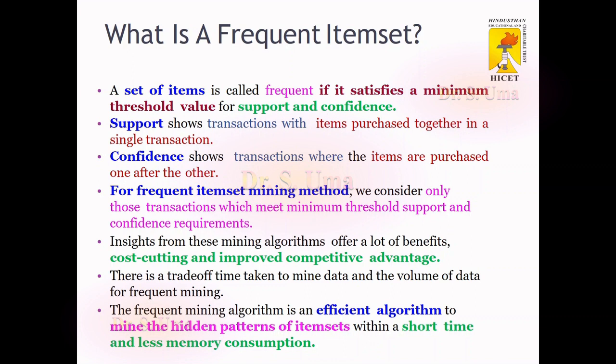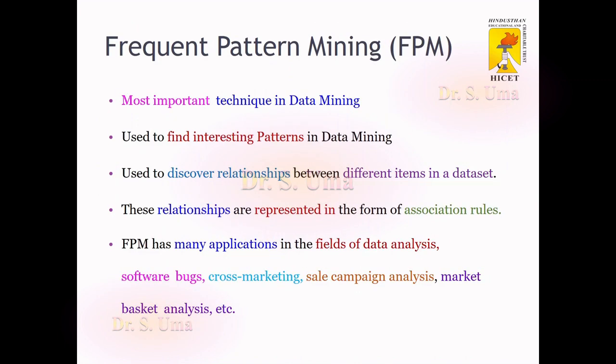The frequent mining algorithm is an efficient algorithm used in data mining and is used to mine the hidden patterns in the transactions in departmental stores and in other fields as well, within a short period of time and with less memory consumption. So it is considered to be an important algorithm in data mining.